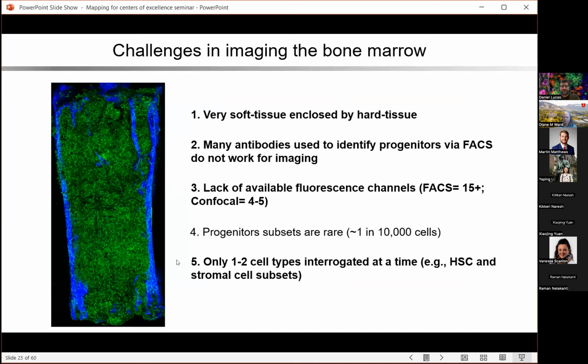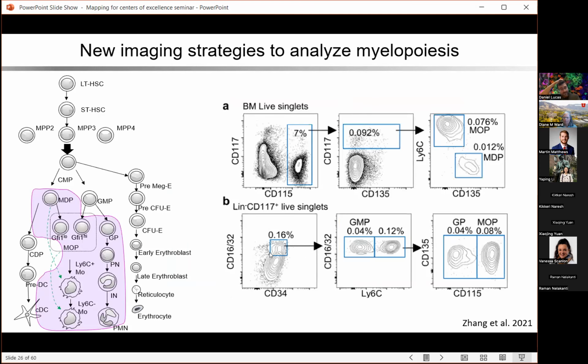So how do we finish solving the other issues? The lack of available fluorescent channels, with only 1 to 2 cells interrogated at a time. Well, in a paper that we published a couple of years ago, what we realized is that classically the field has used many different markers to identify the cells of interest.